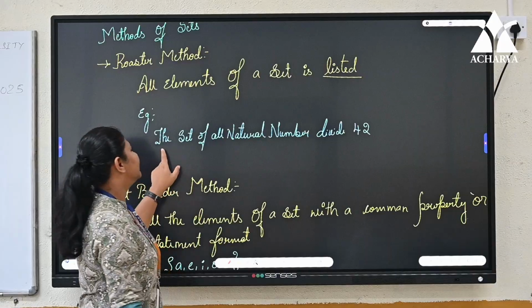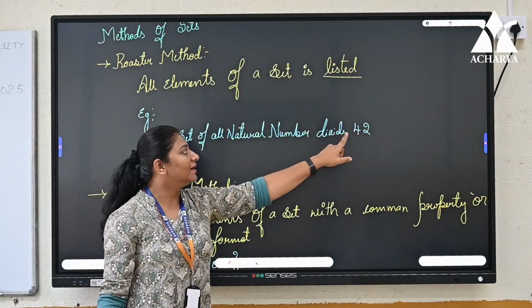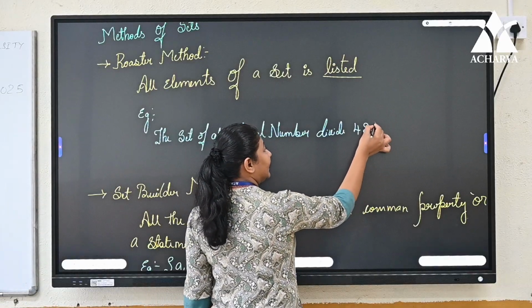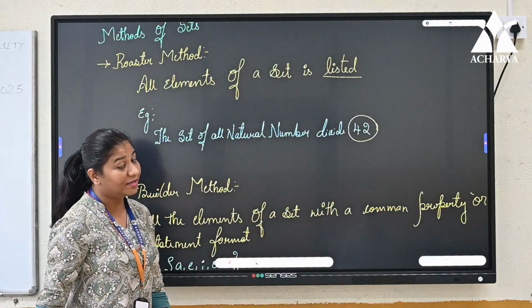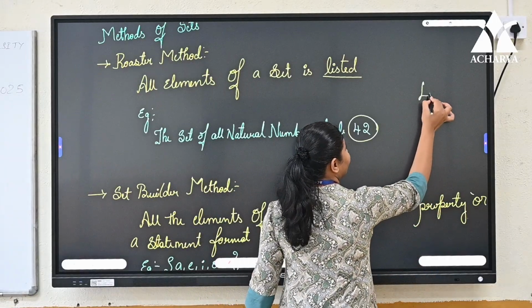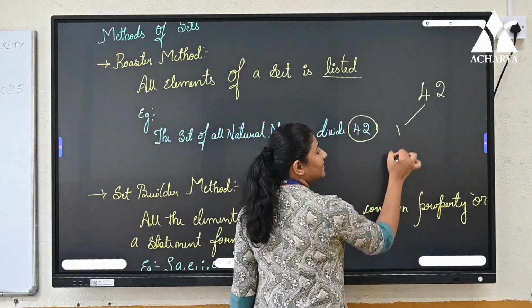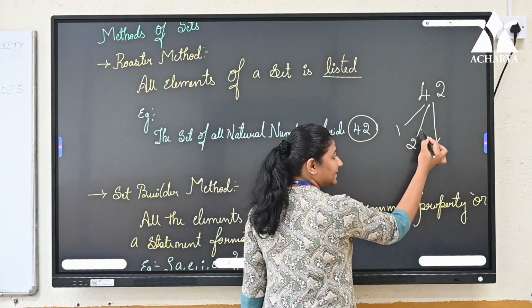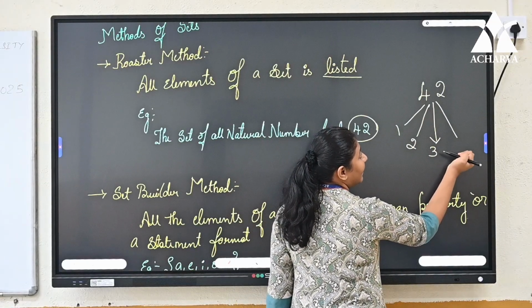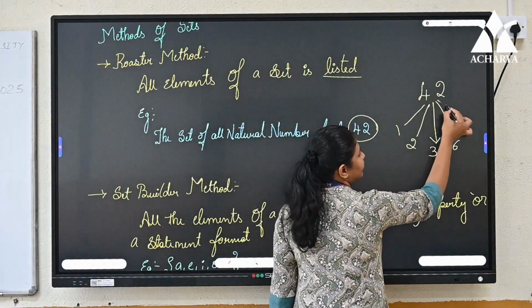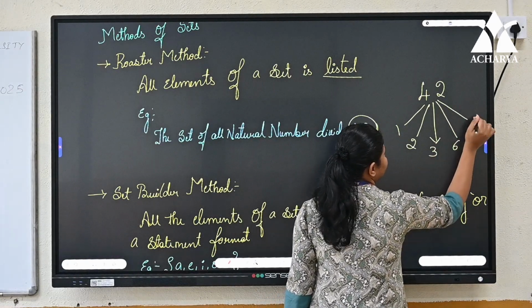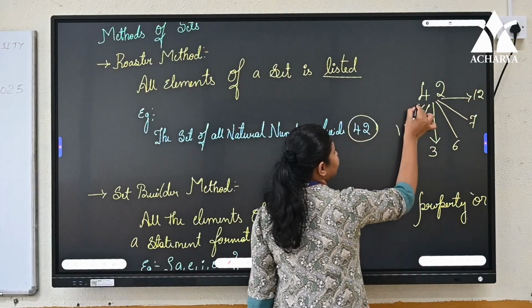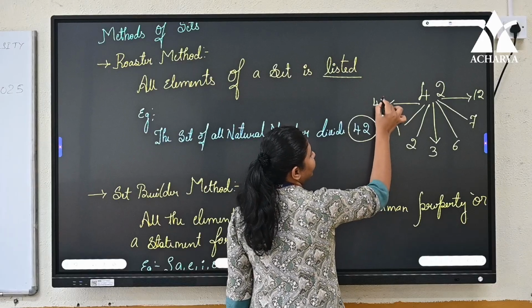Let us say, the set of all natural numbers that divide 42. First find out the factors of 42. It is divisible by 1, 2, 3, 6, 7, 14, 21 and 42 itself.